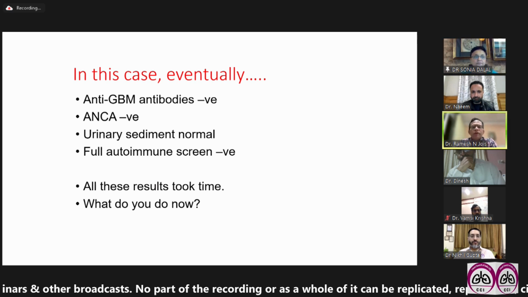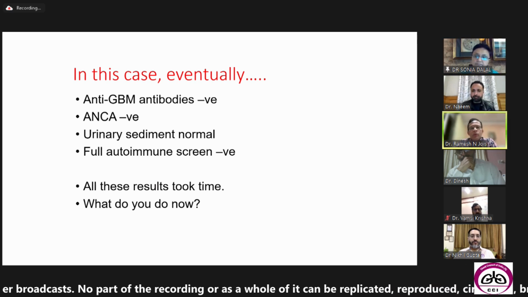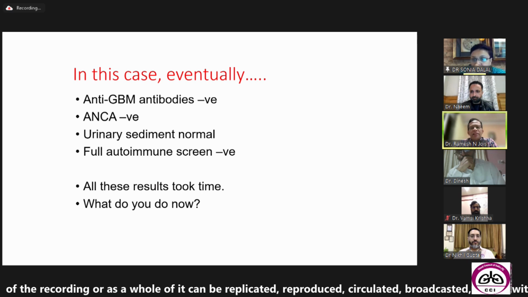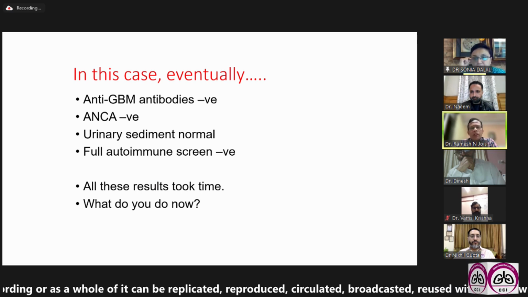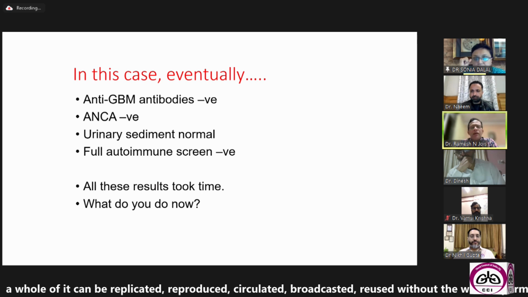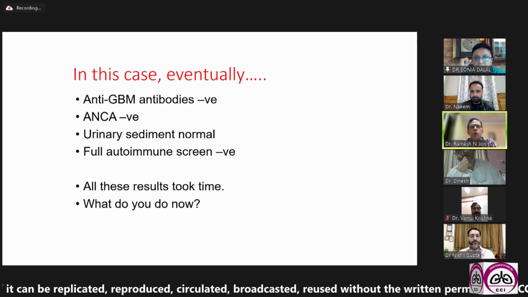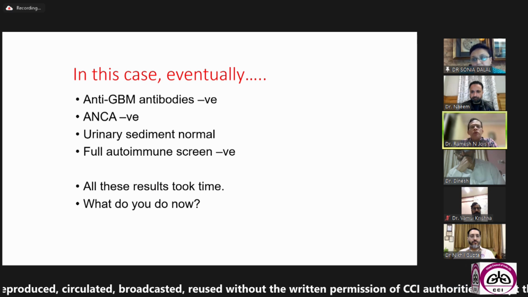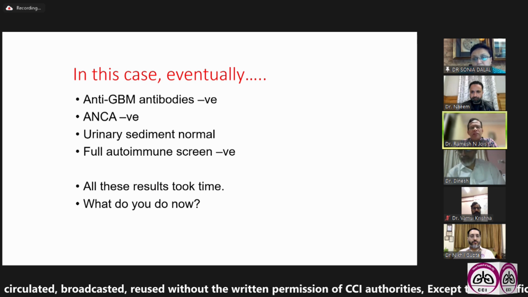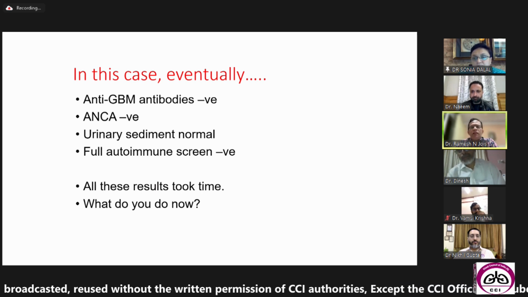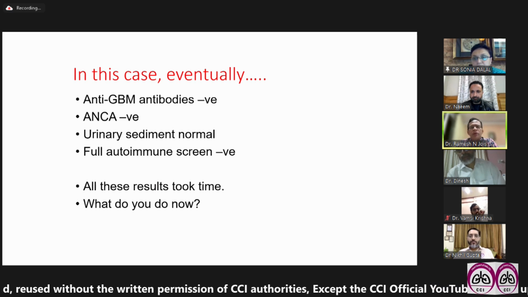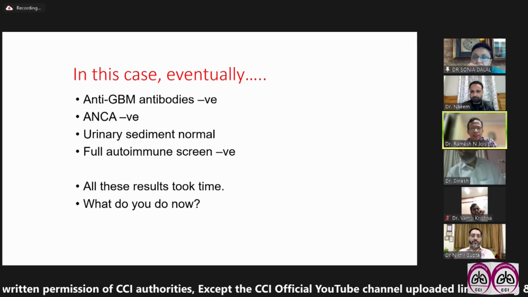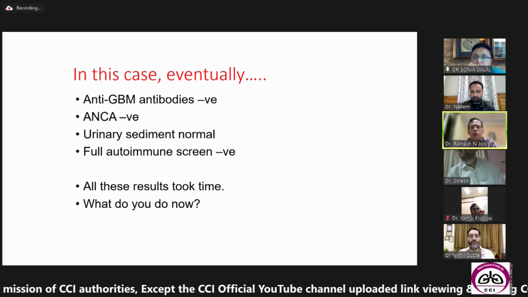Okay. So one of the important things in immunology is where is the test done and what is the methodology used. Because we don't have standardization in a lot of labs, a lot of non-NABH accredited labs do these tests. One of the biggest problems is over-relying on autoantibodies to make a diagnosis. If you depend only on immunofluorescence to do an ANCA test, then the question comes, how good is the observer in doing an immunofluorescence? If you're from a center which is experienced in doing ANCA tests, then your pickup rate is going to be high.